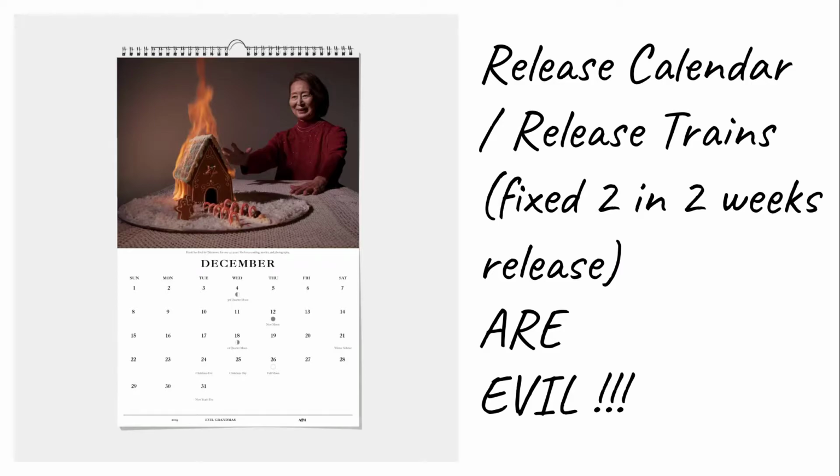Now, the second thing I want to talk about, and which I find nowadays to be one big problem for dependencies, is the release calendar or release trains, right? So let me explain what that means.